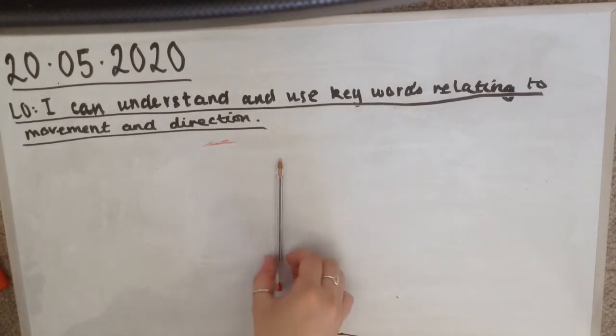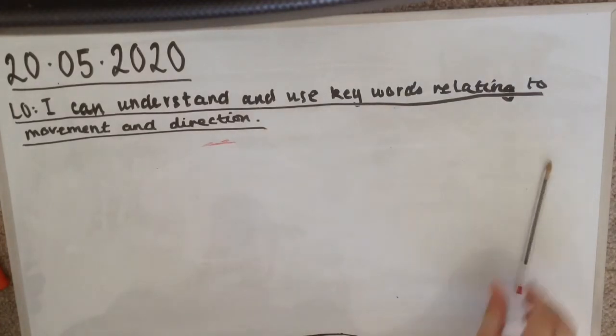I'm going to move it this way. Have I moved my pen to the left or to the right? You can either write it down, just have a think about it, or tell your parents or somebody at home. Have I moved the pen to the left or to the right?